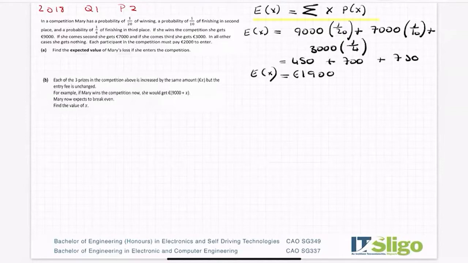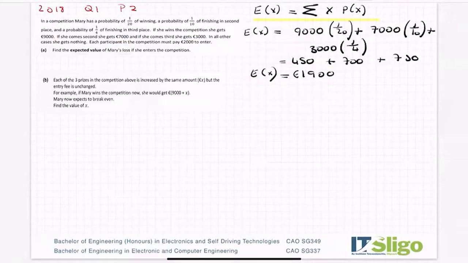Okay, now I remember the first time I saw expected value, I would have been confused by that amount, because that is not one of the values she could win. So it was 9,000, 7,000 and 3,000. Okay, and yet I'm getting the expected value that she could win is 1,900. Okay, so expected value is not an actual amount in the competition. It is statistically, or the probability, the amount that she could win given the above data.